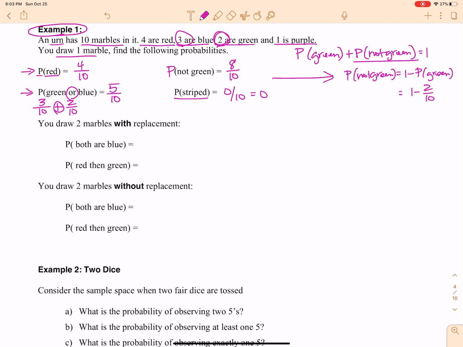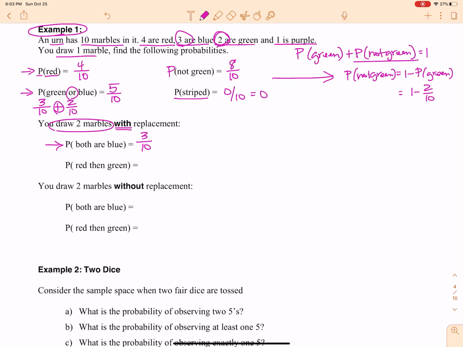Okay, next problem. Now we're going to draw 2 marbles and it's going to be with replacement. That means we're going to pull a marble out and then we're going to put it back in and draw the second one. It is important that you understand that this does in fact matter on how you do the problem. So if I want the probability that both of the marbles I pull out are blue, the probability of one of them being blue is 3 over 10.